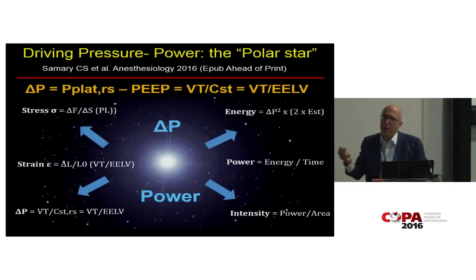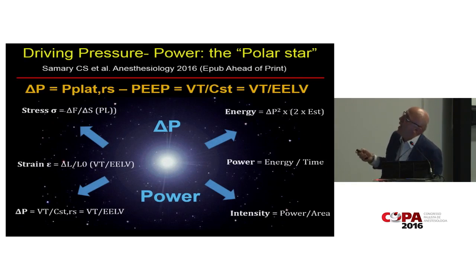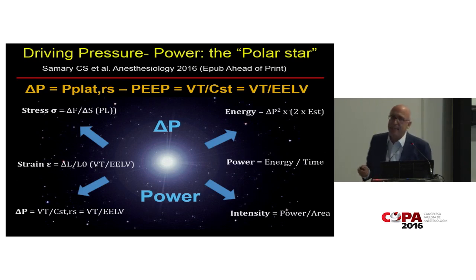Then we move on to the concept of driving pressure, which was discussed very clearly before. I would like to add some more interpretation on that. It is the tidal volume divided by compliance, as discussed before. And if you consider that compliance is correlated to the amount of aeration in the lung, you can interpret driving pressure as a sort of specific tidal volume related to the amount of aeration.